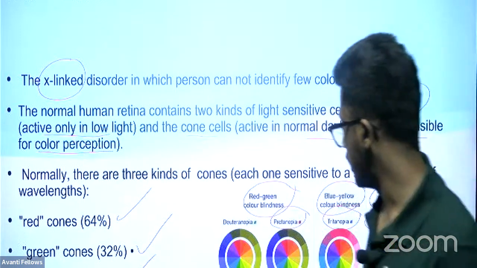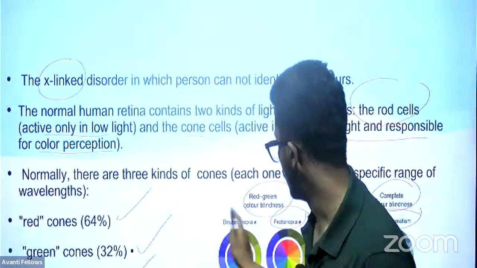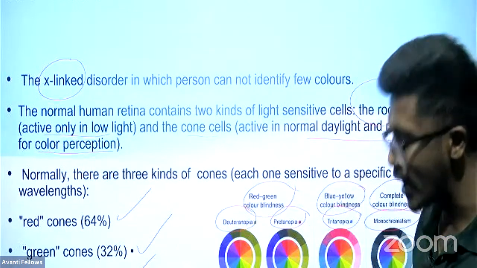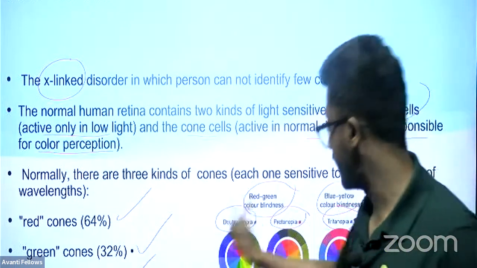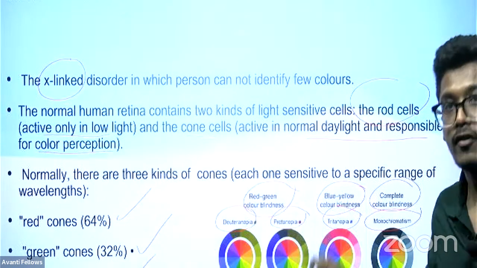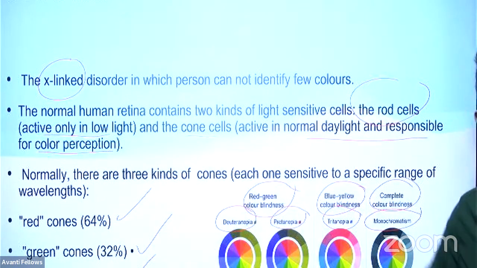And then you have deuteranopia, which is green color blindness. Protanopia is red, tritanopia is blue, and if no color is differentiated, it is called monochromatism.